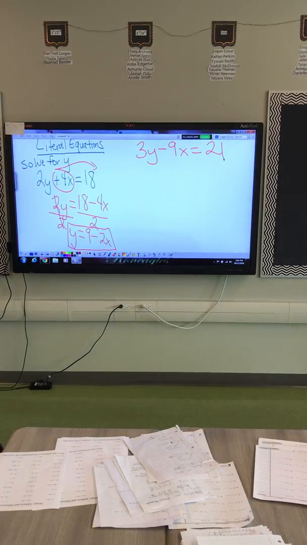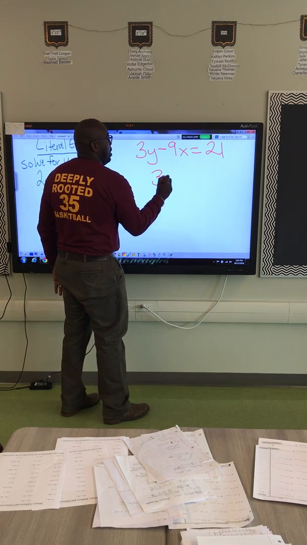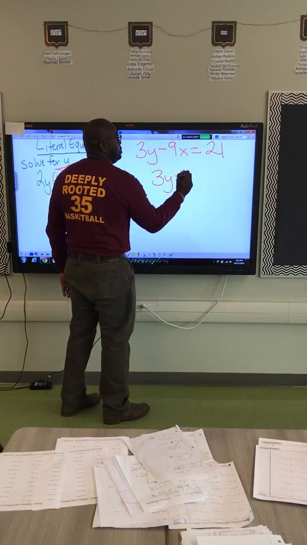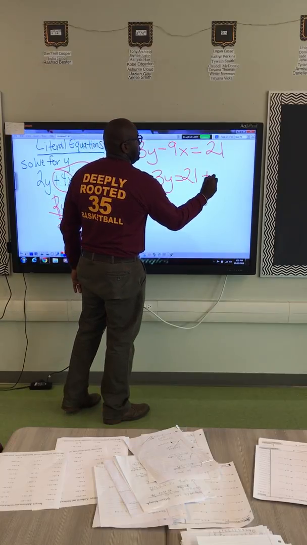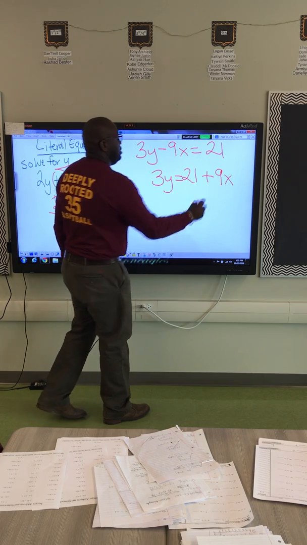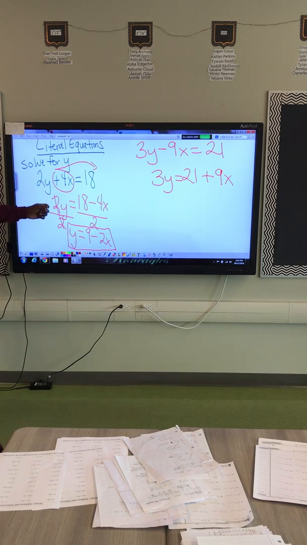Rewrite it with the 9x on the other side. So you should have had 3y equals 21 plus 9x. Last time we divided by 2. This time we're going to divide by 3.